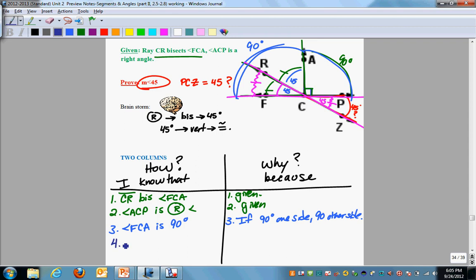Step 4, I know that the measure of angle FCR is 45 degrees. Why? Because bisect 90 degrees is 45 degrees. We can cut that in half.